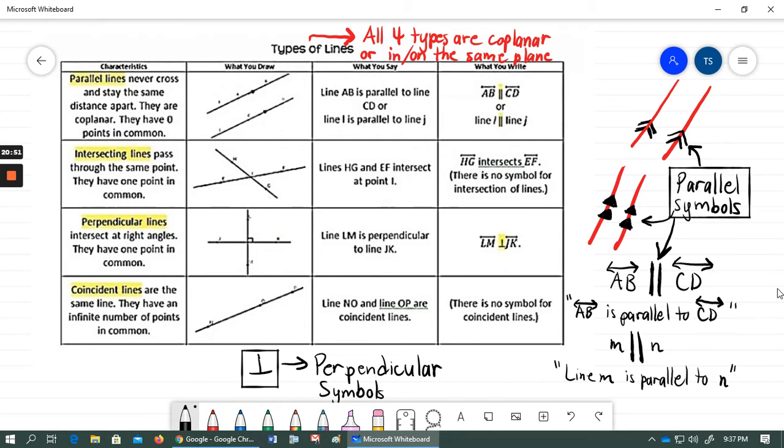In this lesson, we're going to discuss specifically what the relationships will be for those angle pairs when your two lines are parallel.